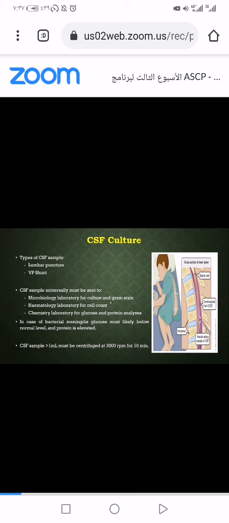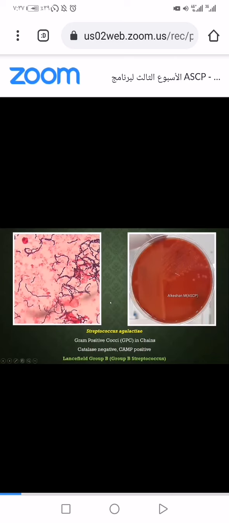The first pathogen is Streptococcus agalactiae. It's a gram-positive cocci in chains, catalase negative, CAMP positive, Lancefield group B. For Streptococcus, we mainly use the blood agar plate to check the hemolysis. There is a hemolysis there.